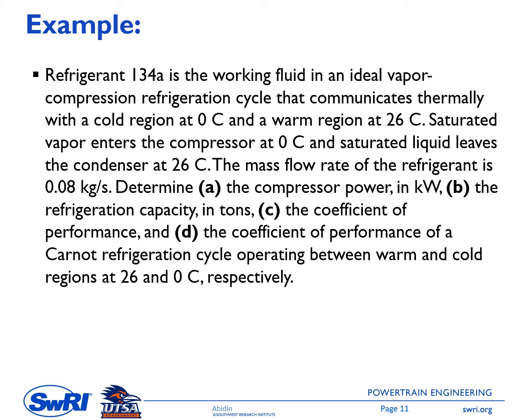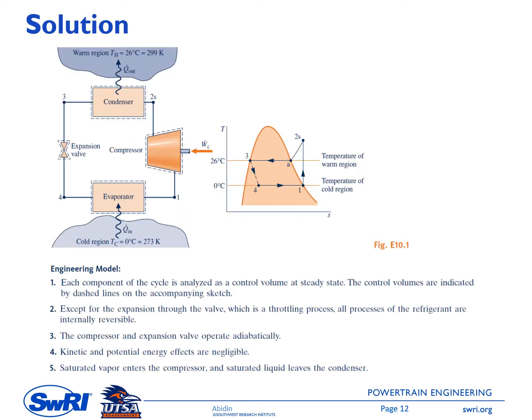Okay, let's take a look at the solution of this example. On the left side is the schematic of the system. It has an evaporator, a compressor, a condenser, and an expansion valve. Point 1 is at the compressor entrance, and point 2S is the exit of the compressor.